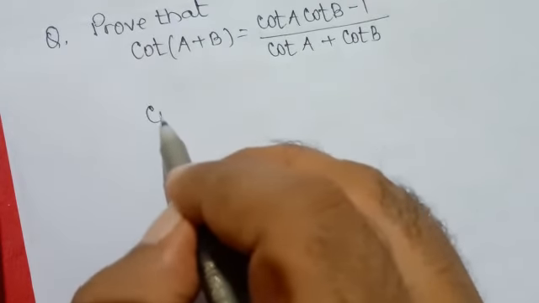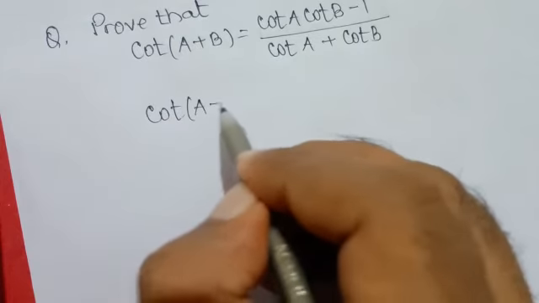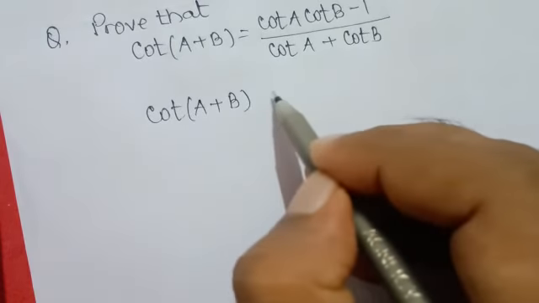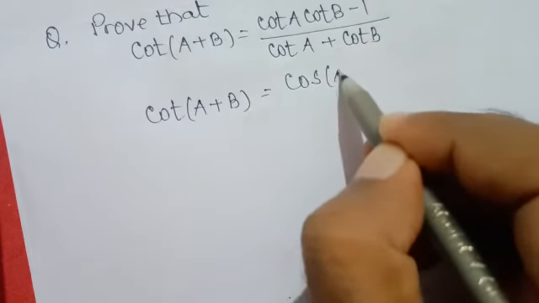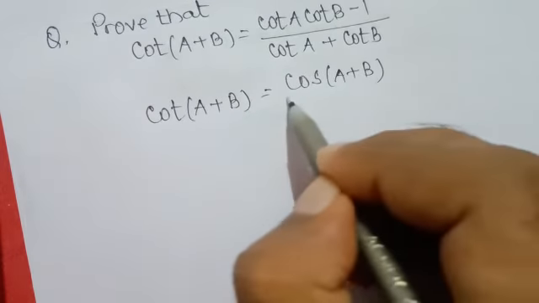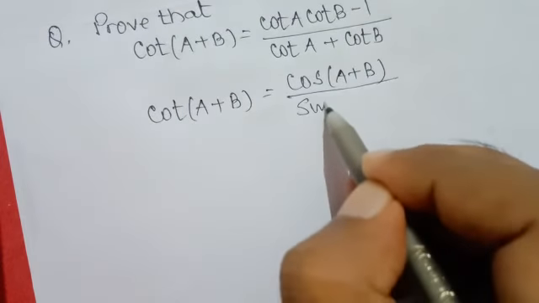Since cot(A + B) should be written as cos(A + B) upon sin(A + B).